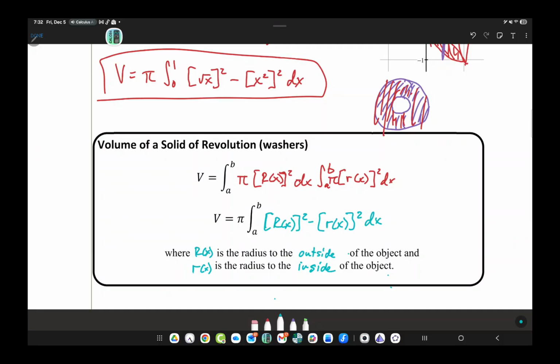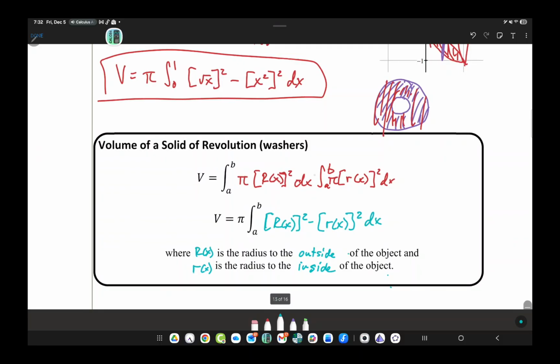The reason we focused on setting these up separately, and I forgot the minus sign here, sorry, is that one of the most common mistakes people make is to write it like this: the quantity R of x minus lowercase r of x, all squared. This is not the same thing as R of x squared minus lowercase r of x squared.